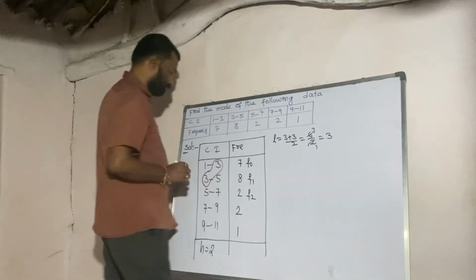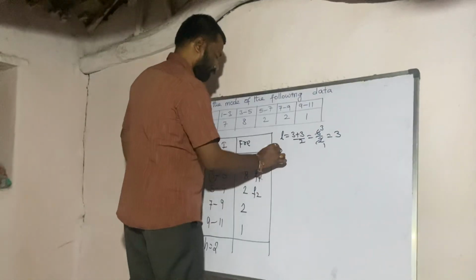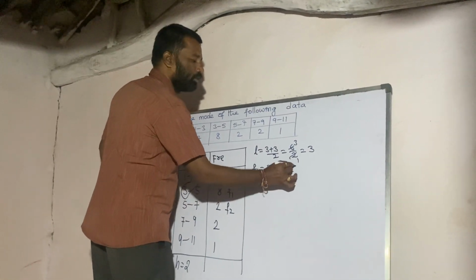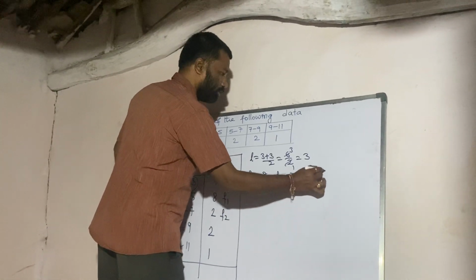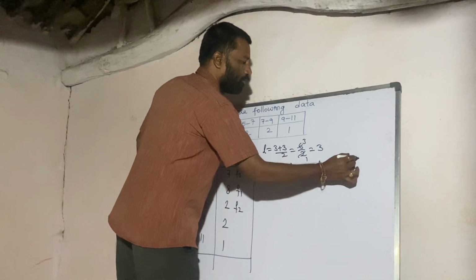L value is 3. f1 is equal to 8, f0 is equal to 7, f2 is equal to 2, and h is equal to 2.